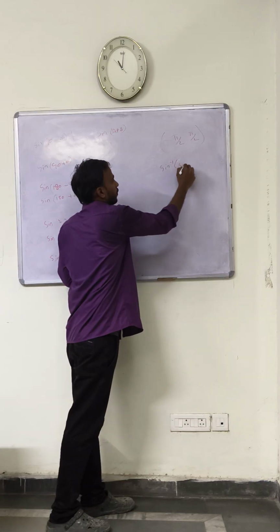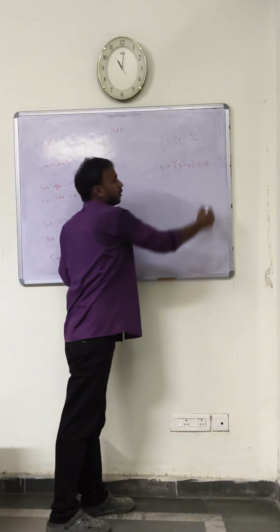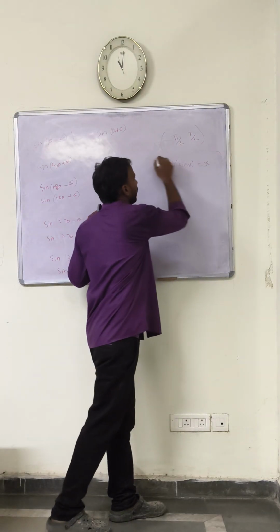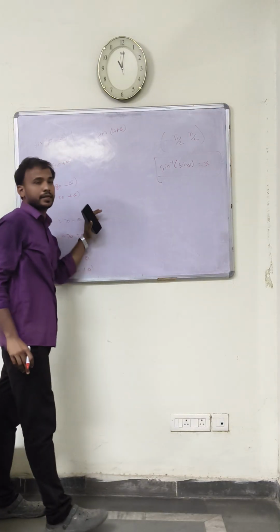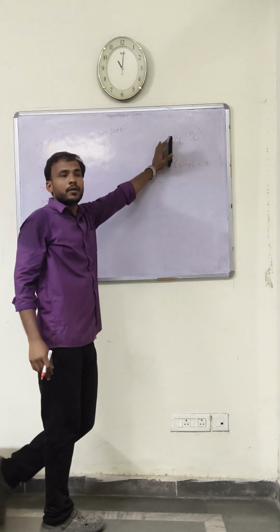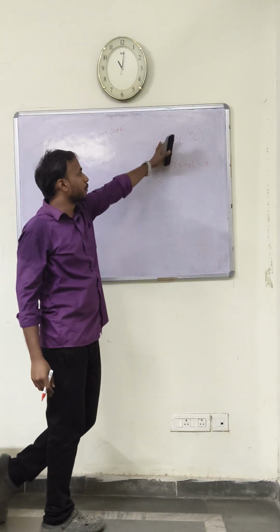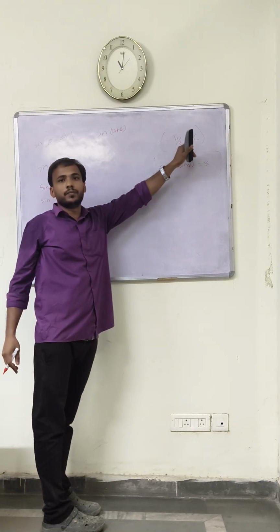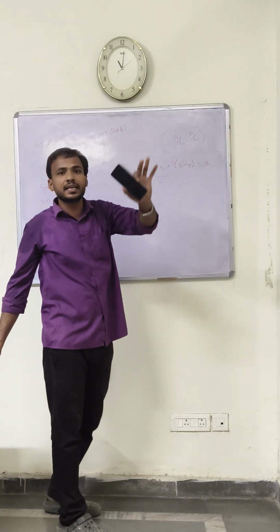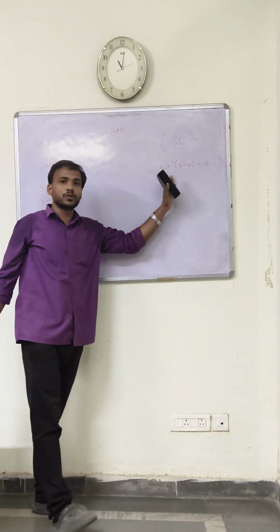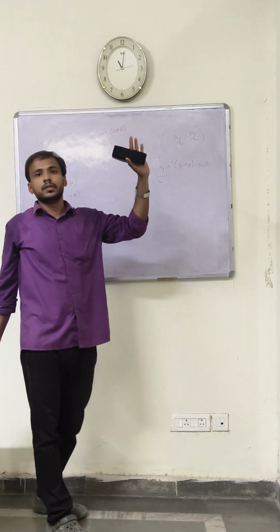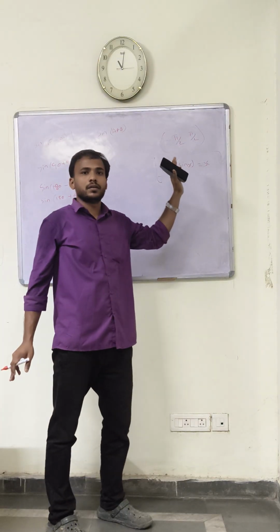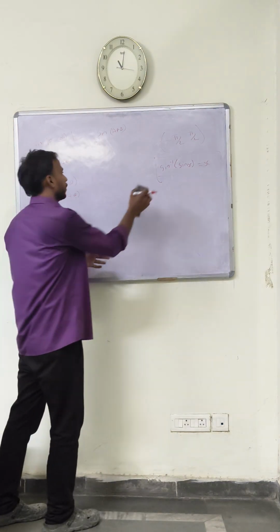Sine inverse of sine x is equal to x. This concept will be applicable only for this range. This you have to keep. Whatever problem is given, you must verify or convert that into this range. Then only you have to solve. Otherwise, it is not correct. Right? I'll give you the example.